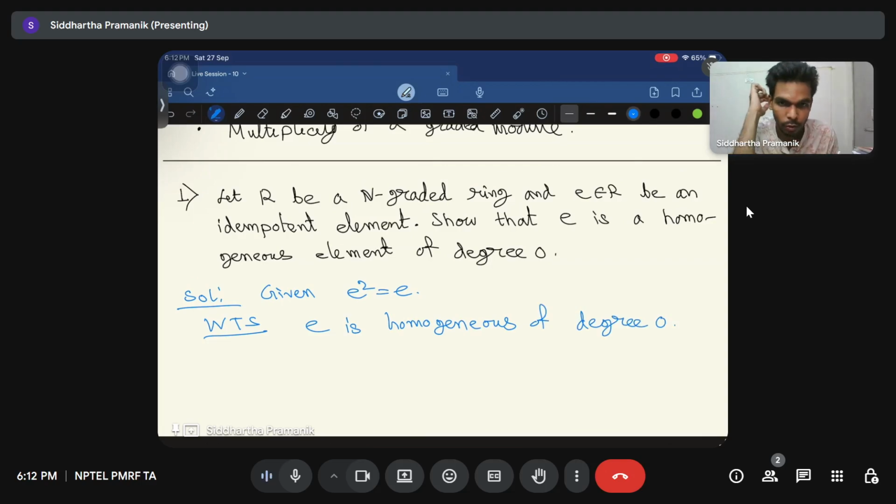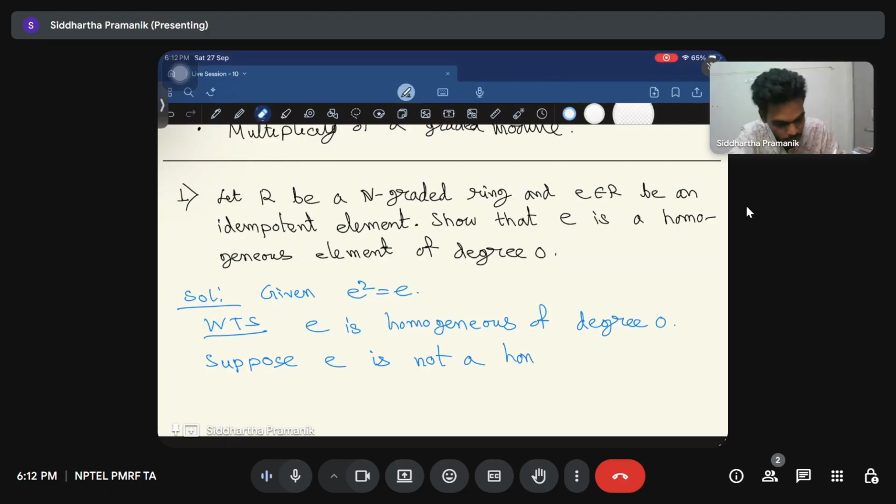So we'll prove this by contradiction. Assume that e is not a homogeneous element. So suppose e is a non-homogeneous element.